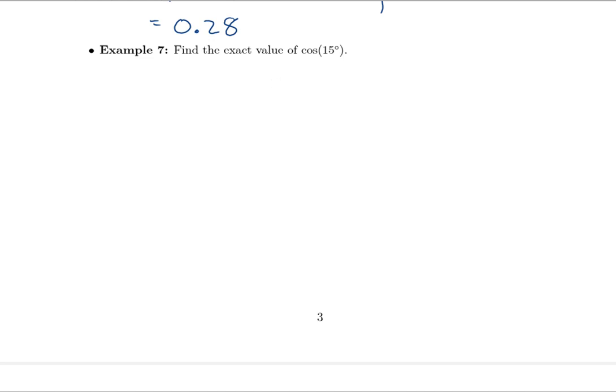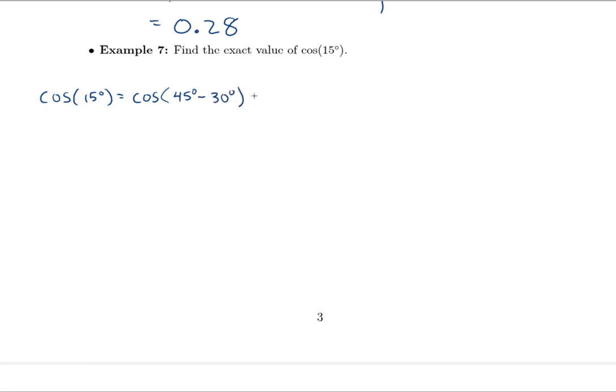And I think this would be instructive to do a couple of different ways. So for one, the cosine of 15 degrees could be the cosine of 45 degrees minus 30 degrees.